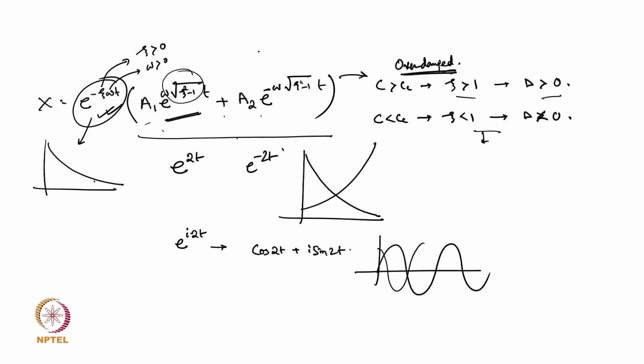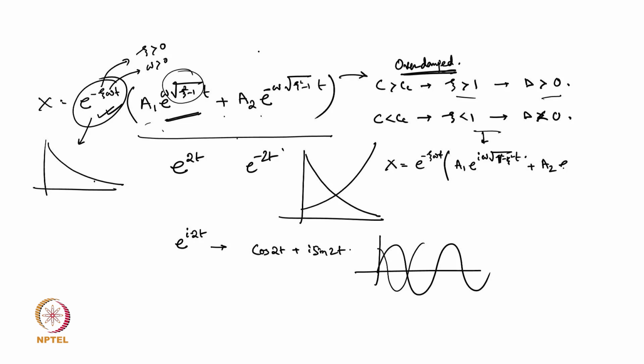Now for the underdamped case, x will be equal to e to the power of minus xi omega t, that is constant, a1 into e to the power of i omega into root over of 1 minus xi square t. I can write 1 minus xi square because I already know that xi is less than 1, so I unnecessarily do not make the root complex, and that's why I take i out.